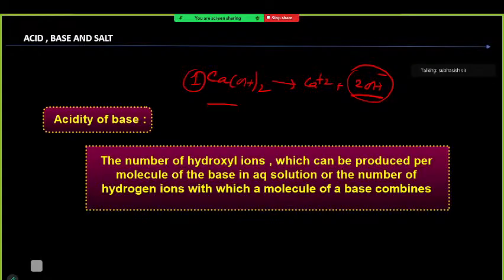In case of acid, the term is basicity, and in case of base, the term is acidity. So the acidity of calcium hydroxide is 2, but the acidity of sodium hydroxide is 1. It is the number of hydroxyl ions which can be produced per molecule of the base in aqueous solution, or the number of hydrogen ions with which the molecule of base combines.